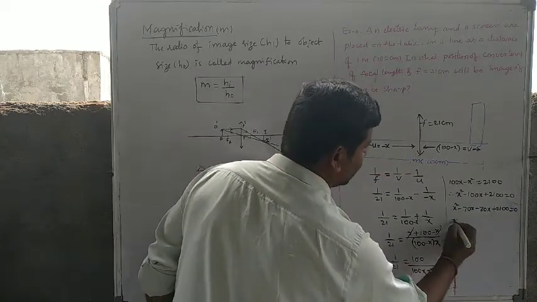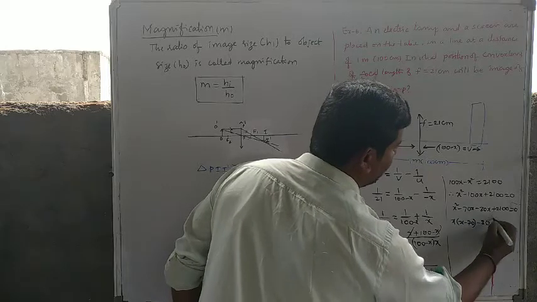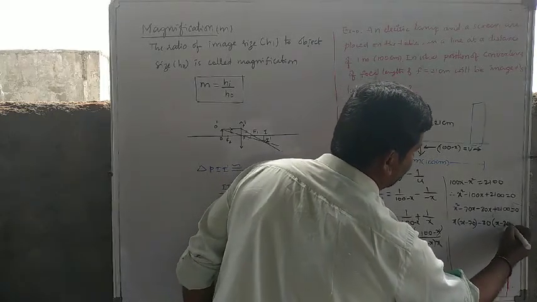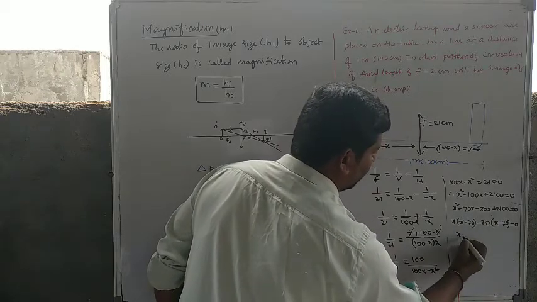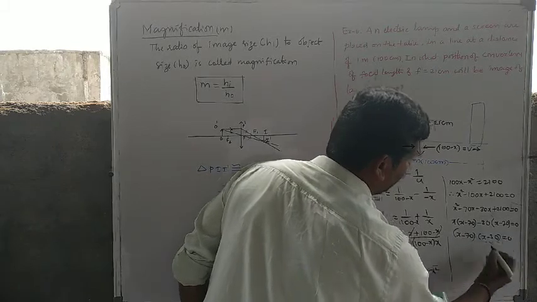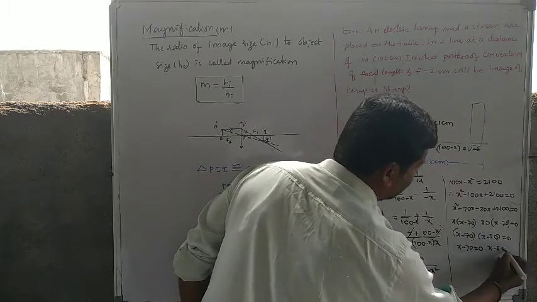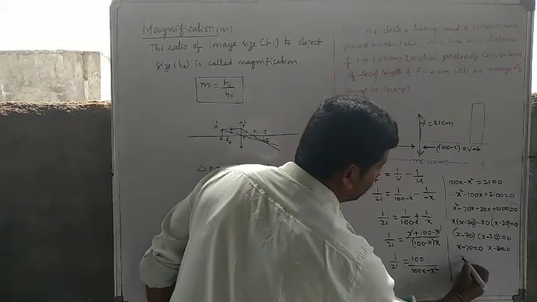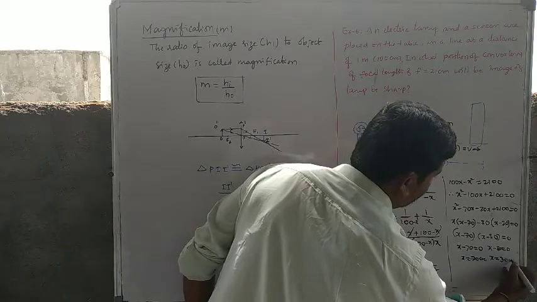Take common x from the first two terms: x into (x minus 70), and take common minus 30 from the others: minus 30 into (x minus 70) equals 0. Therefore take common (x minus 70): (x minus 70) into (x minus 30) equals 0. Now x minus 70 equals 0 or x minus 30 equals 0. Then we get x equals 70 centimeters or x equals 30 centimeters.